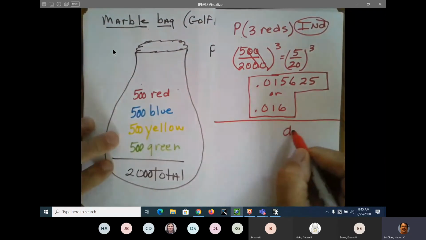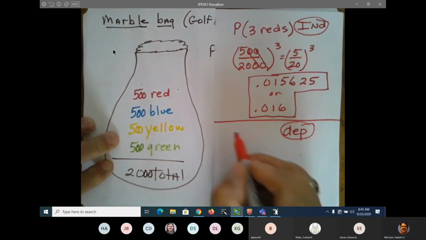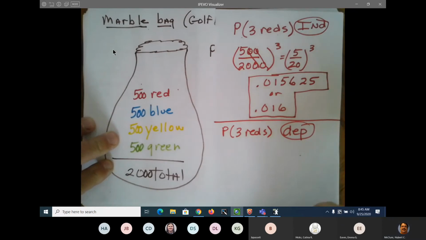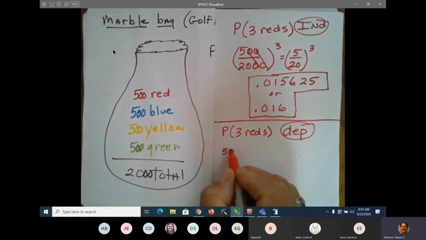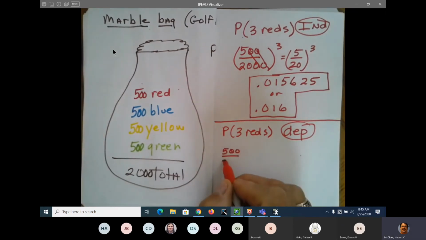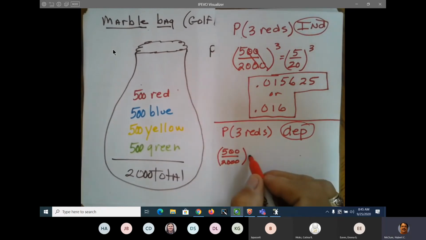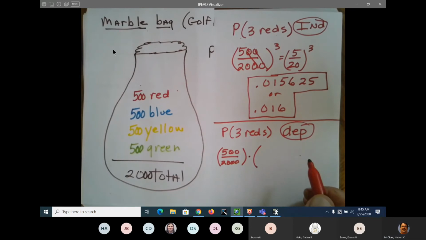Watch what happens when I do dependent. Probability of 3 reds. So that's going to be 500 over 2,000. What would the next one be? Okay, you take one marble out of the bag and you put it on the table.